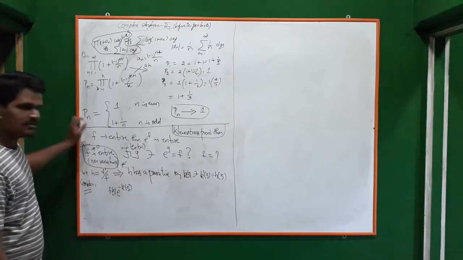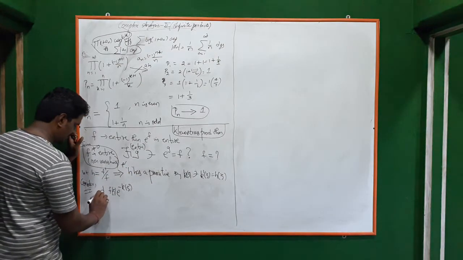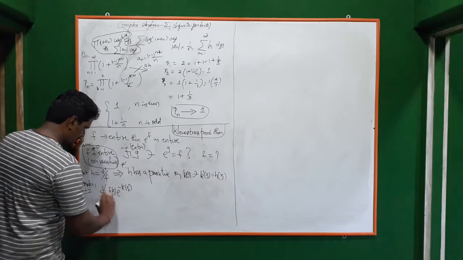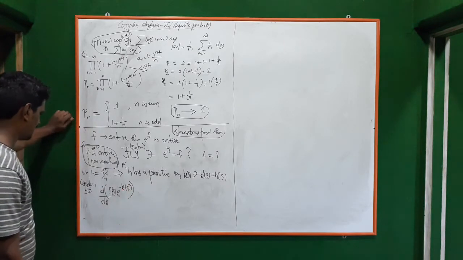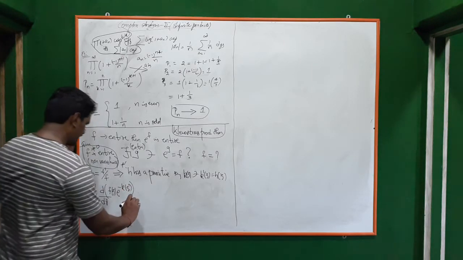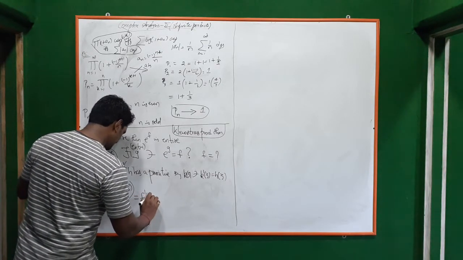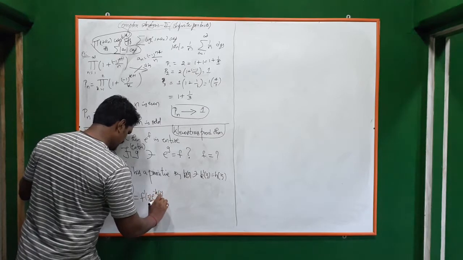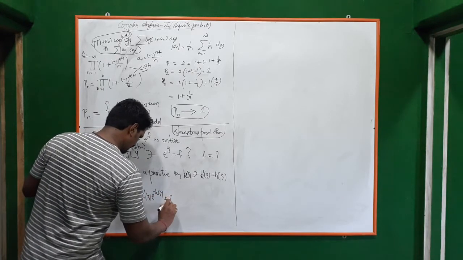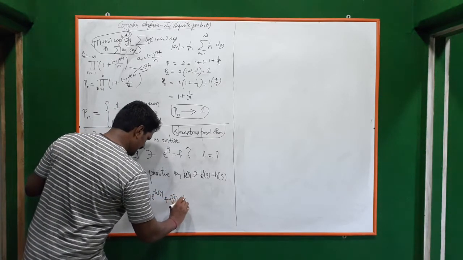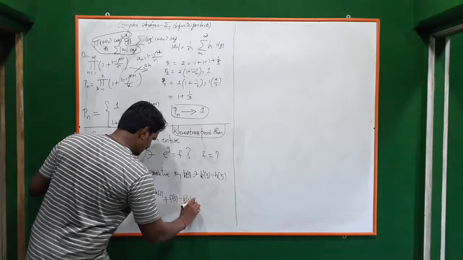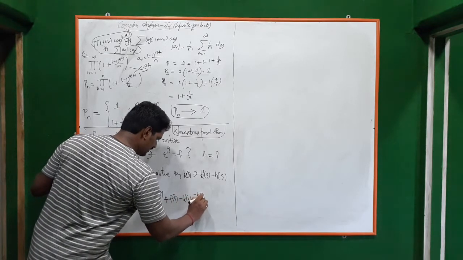Find the derivative of this function. So what will we get here? f dash of z into e power minus k of z plus f of z into minus k dash of z into e power minus k of z.